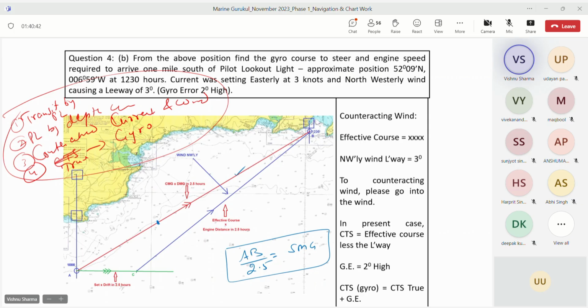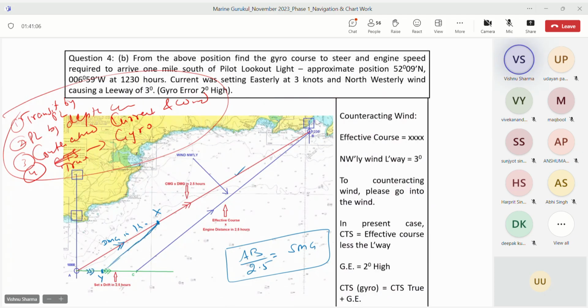Let us say I get point X. This is distance made good in 1 hour up to X. Now you'll apply the current for 1 hour. So that means your drift will be now 3 miles. And now what does XY give you?